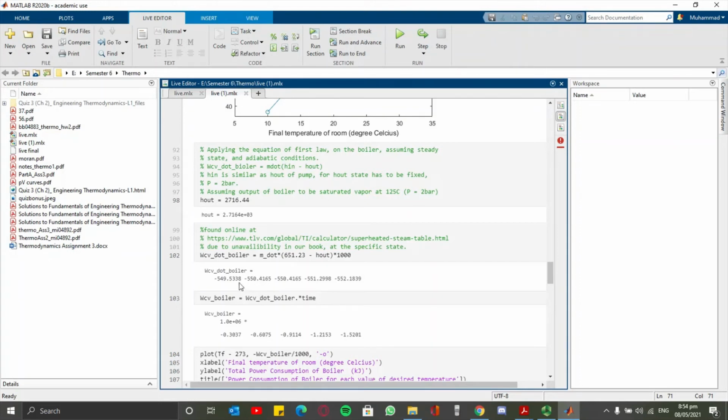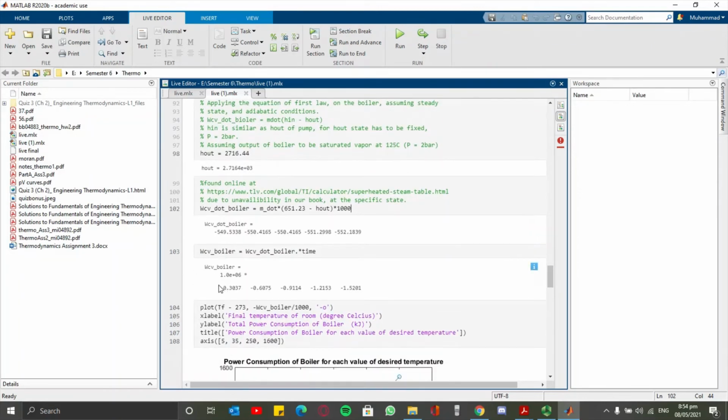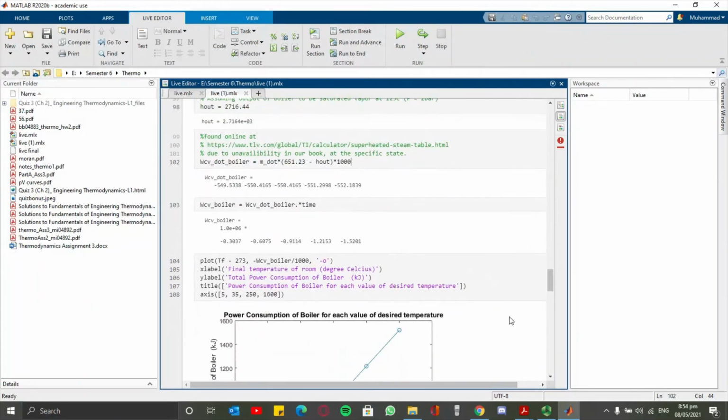So again, using this formula and multiplying it by 1000 to convert it into kilojoules, we get the values of Wcv dot boiler, and to get Wcv boiler we had to multiply it by time. So we get the values for 10 degrees, 15 degrees, 20 degrees, 25 and 30 degrees.